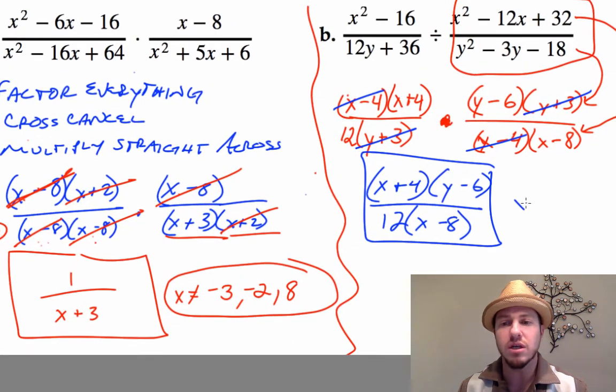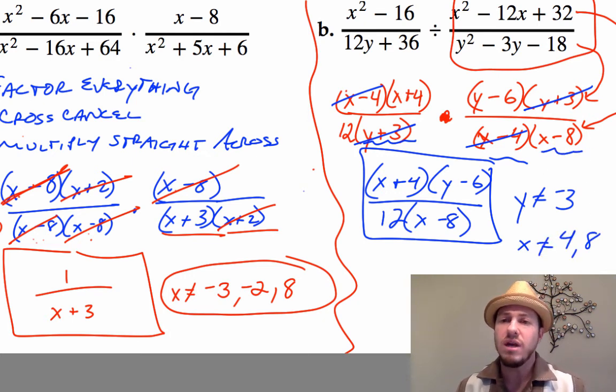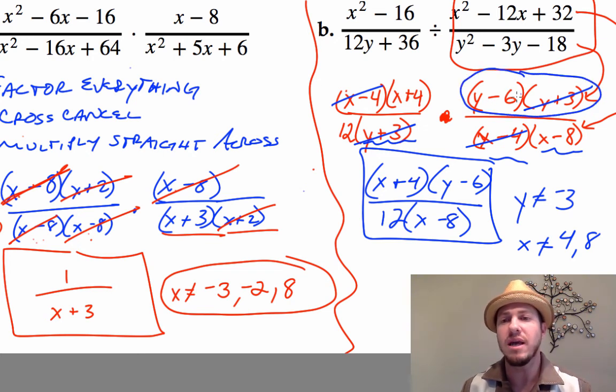And my restrictions are, okay, from this denominator I have y cannot equal negative 3. From this one, I have x cannot equal 4 and x cannot equal 8. But I also need to include these in this restriction. And the reason is because those originally were in the denominator.